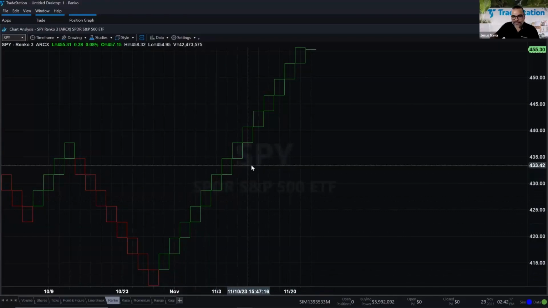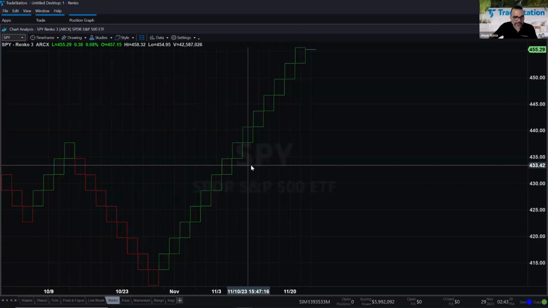Now you can see that since we're considering the 3-point movement a significant price movement for Spider, it removes those little corrections that are insignificant, that are more like noise in Spider, and the Renko doesn't really display that if you provide an appropriate brick size for the chart to build.